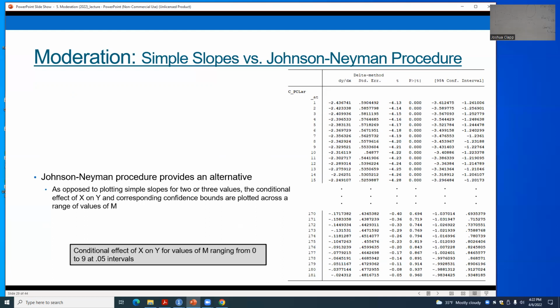Okay, so what we have here in this p-value column is the simple slope iteratively in 5/100ths of a unit interval across the full range of my moderator.